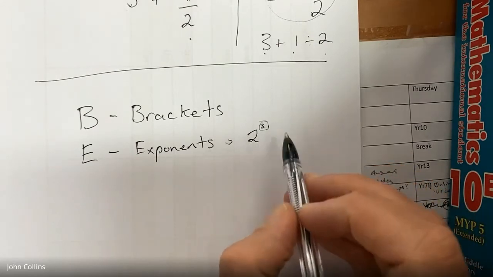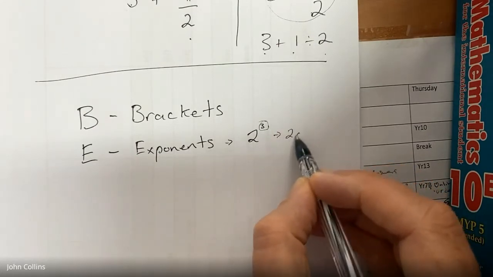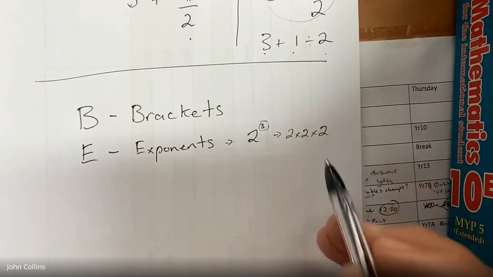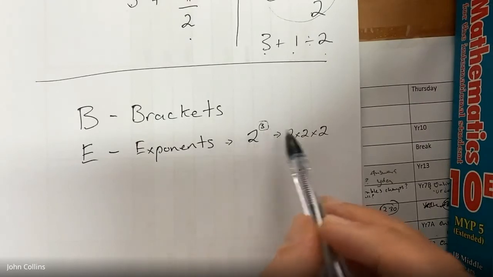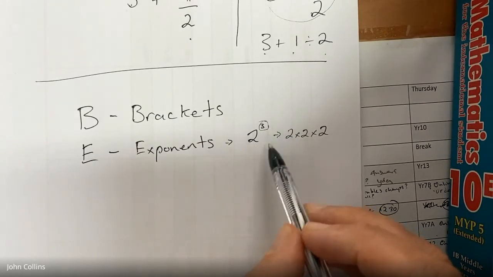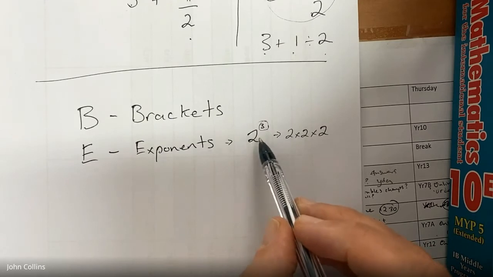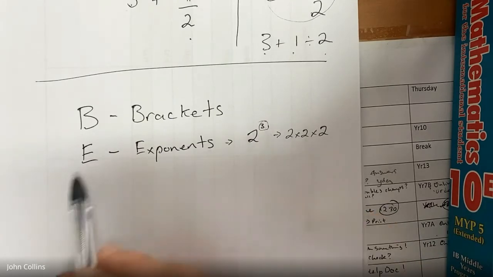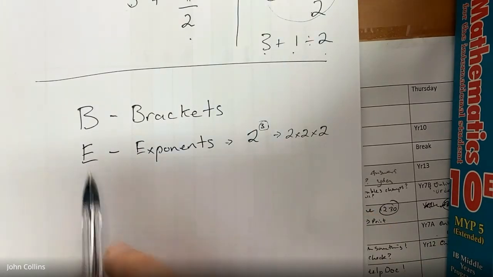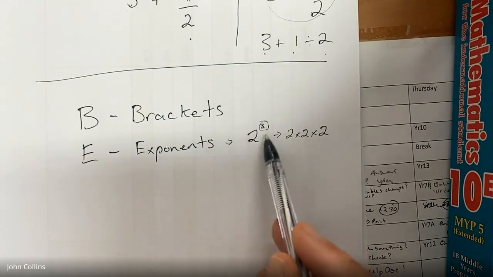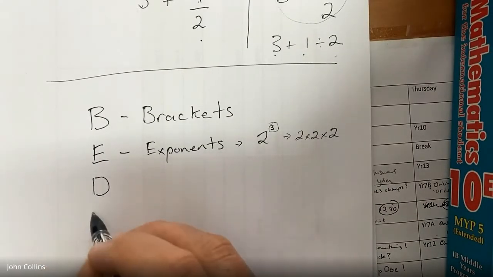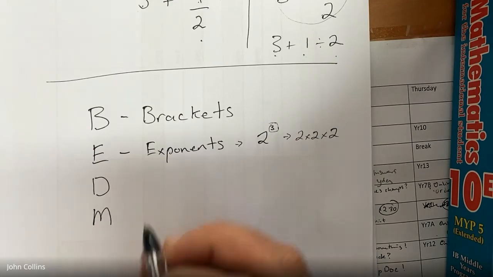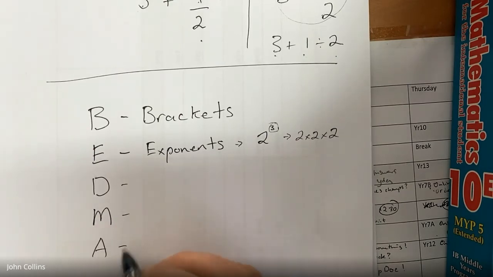You do anything with powers first. That means 2 times 2 times 2, a repeated multiplication. Sometimes the word of is used because it's 2 to the power of 3, and that's where the O comes from for BODMAS sometimes. That's exponents, so anything with these little powers. From then on, I think we know D, division, M, multiplication, A, add.